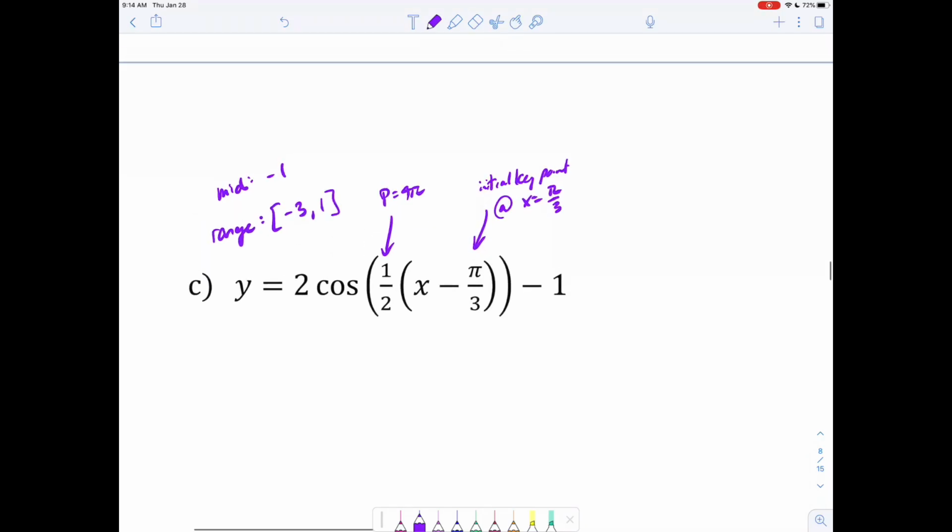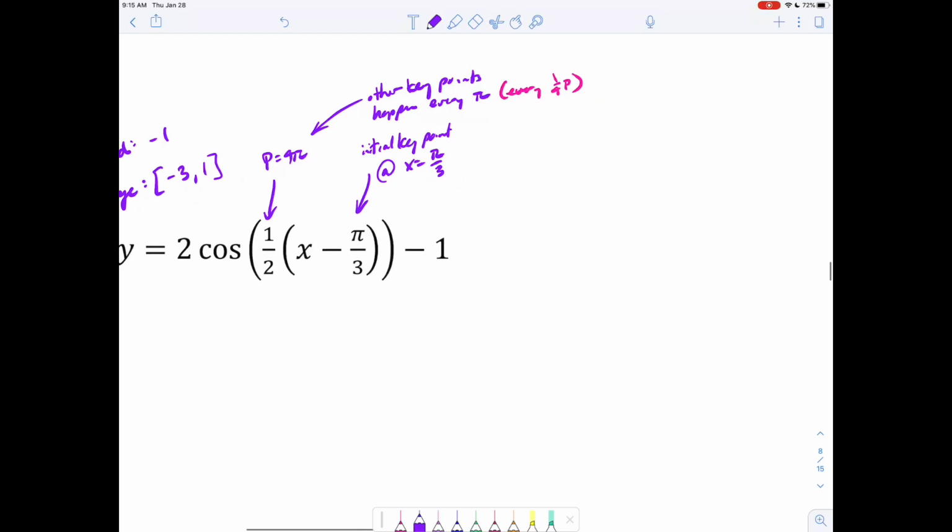And based on the period, I can say other key points happen every quarter of the period. Every 1/4 of the period.